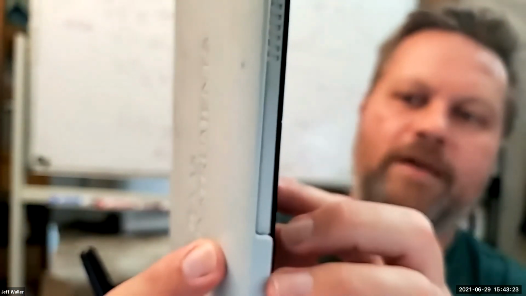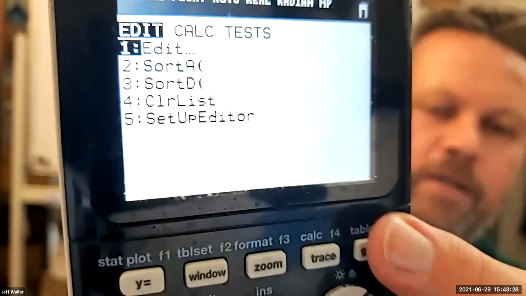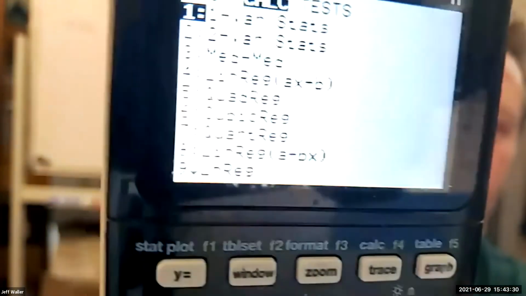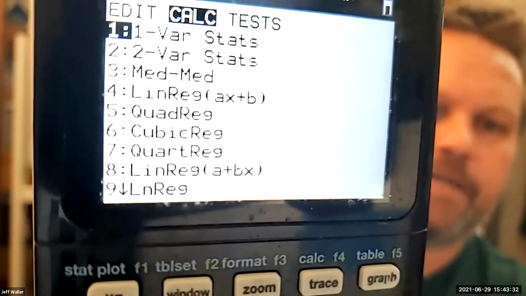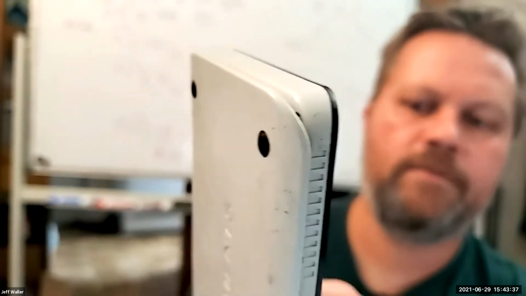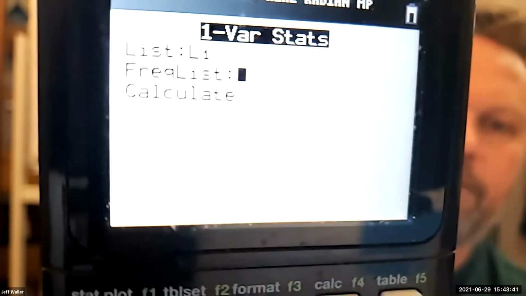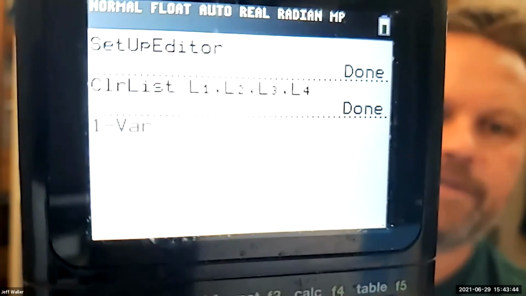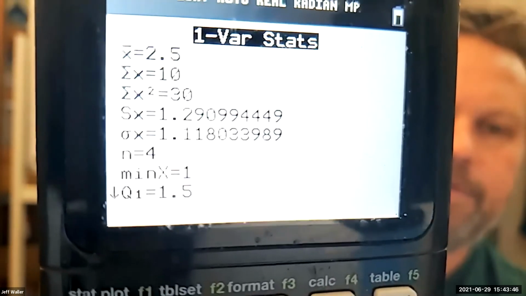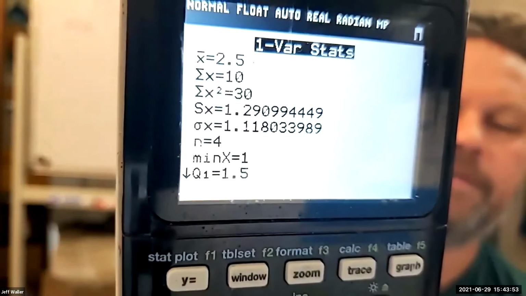Then go to calc, 1 var stats, and you want to tell it L1. And if you have an older calculator that doesn't even ask you these questions, that's fantastic. And then what do I get there for sigma? 1.118. Thank God. For a minute there, I was like, did I do it right?